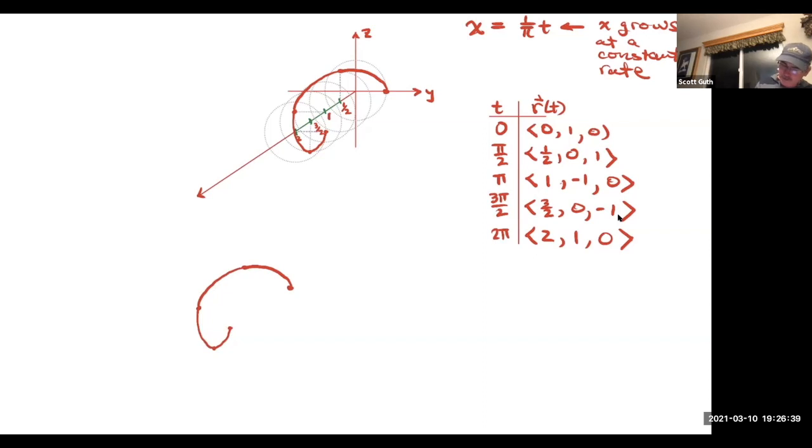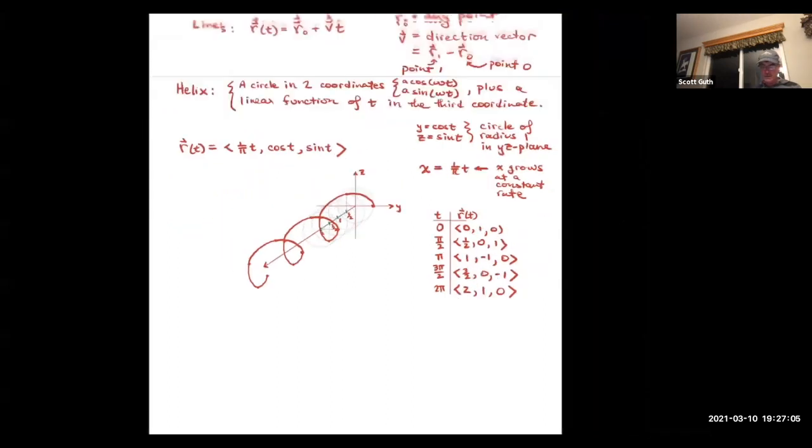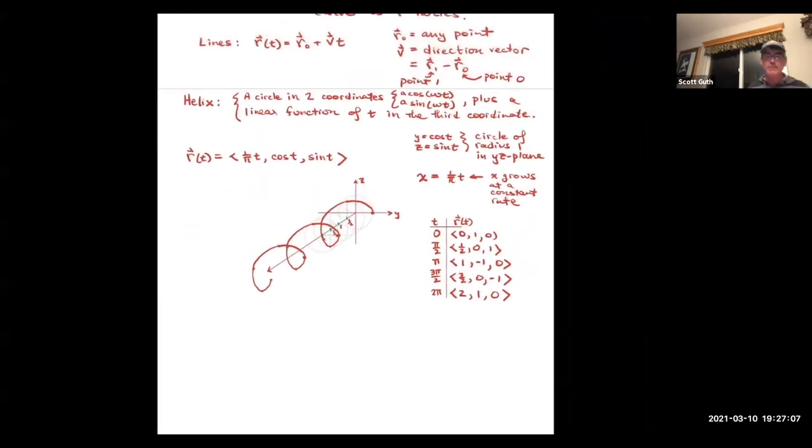Okay, so that's just a copy of it. And then I just need to line it up here nicely. And another. Okay, and it just goes on and on and on. So that's my helix.